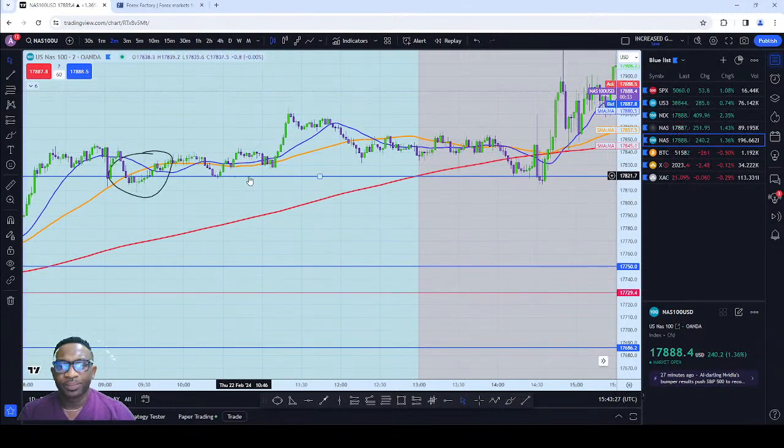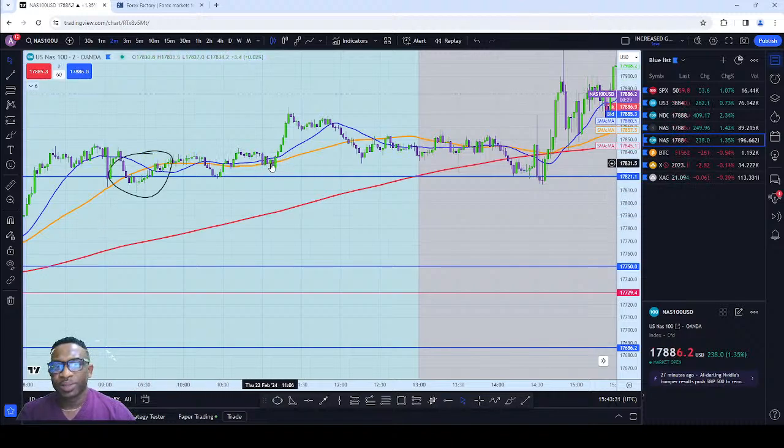Like over here, price pulled to the moving average. It gave this nice beautiful setup and then gave us this profit. So here, if you're in this trade, the moment this purple candle takes out the green candle, you get out.